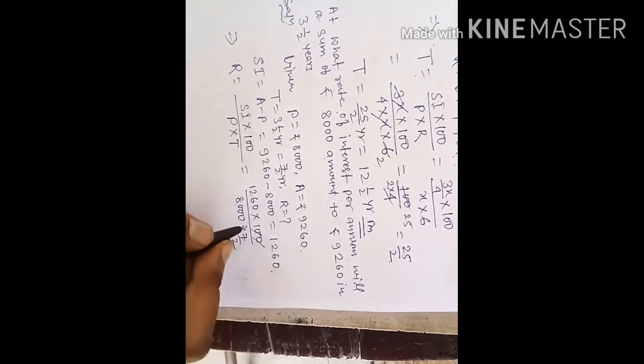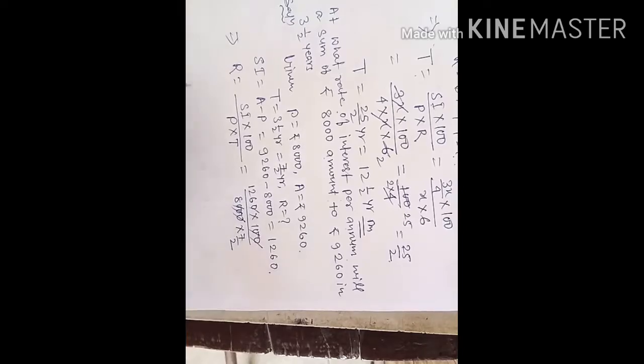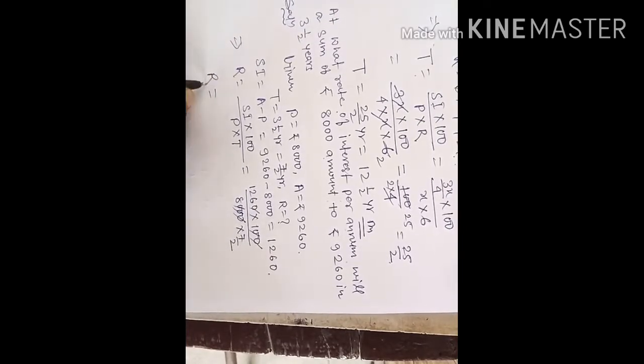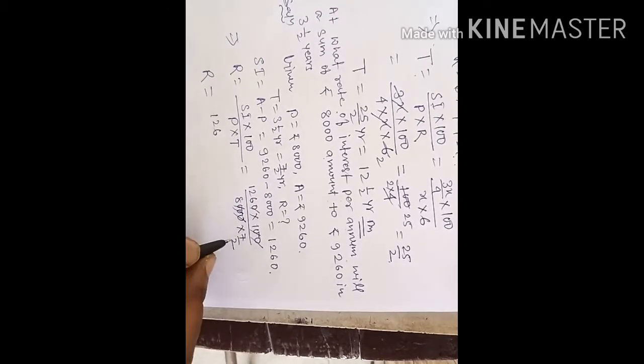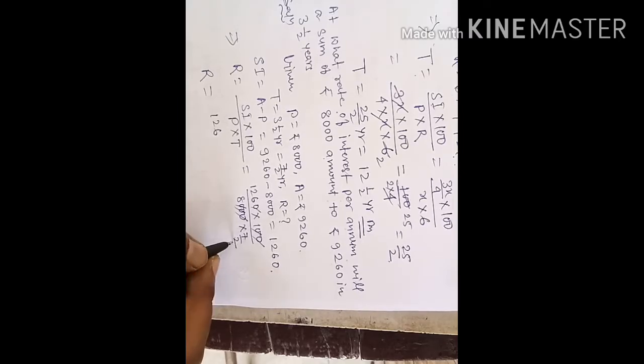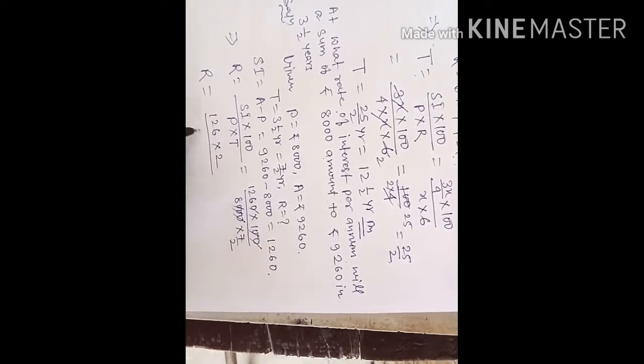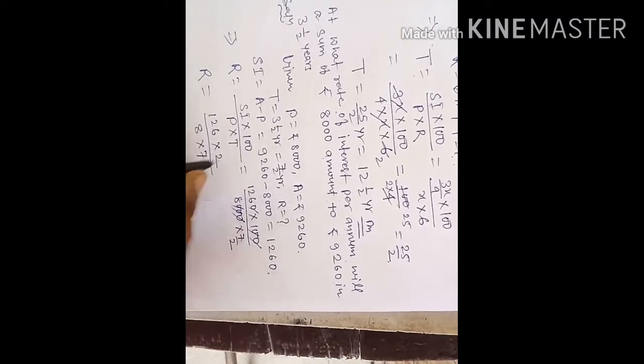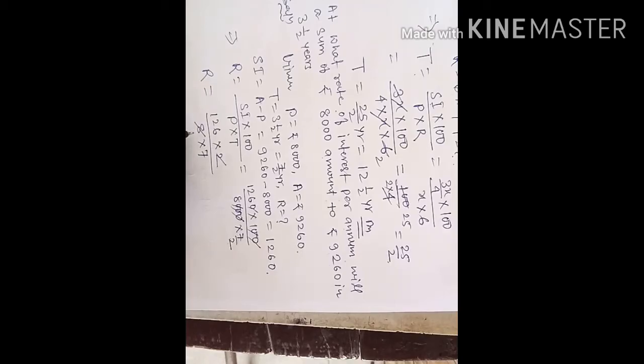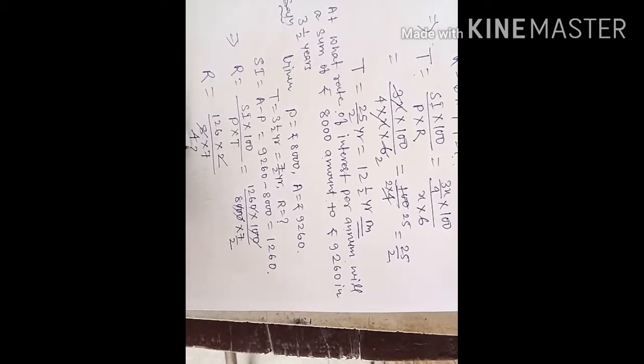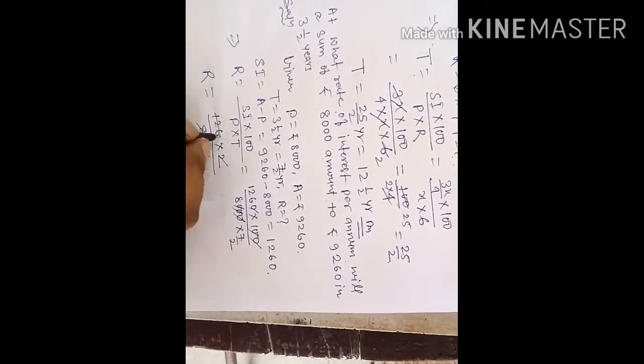So cancel 3 zeros with 3 zeros, then you get R is equal to 120. 2 यहाँ डिनोमिनेटर में इसका रेसिप्रोकल लेंगे तो 2 कहाँ चला जाएगा, ऊपर चला जाएगा, divide by 8 into 7. So 2 cancels with 8 in 4 times.